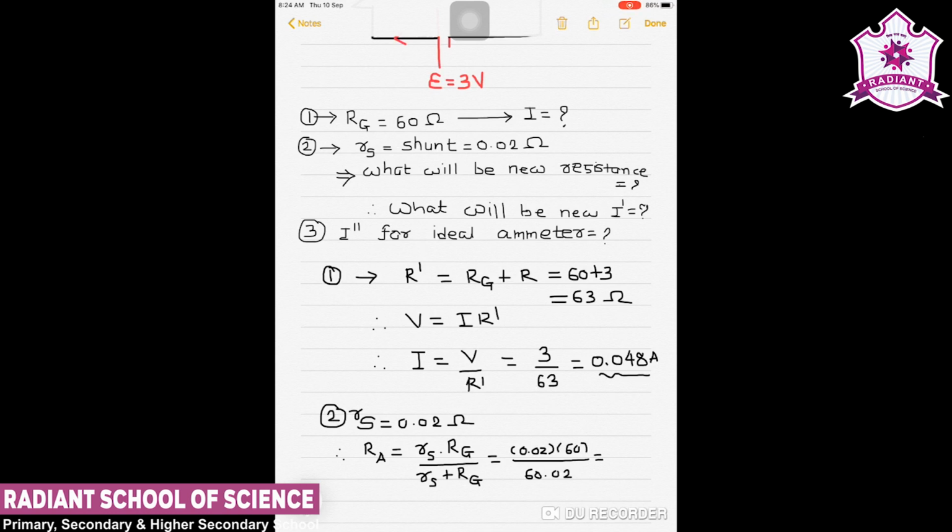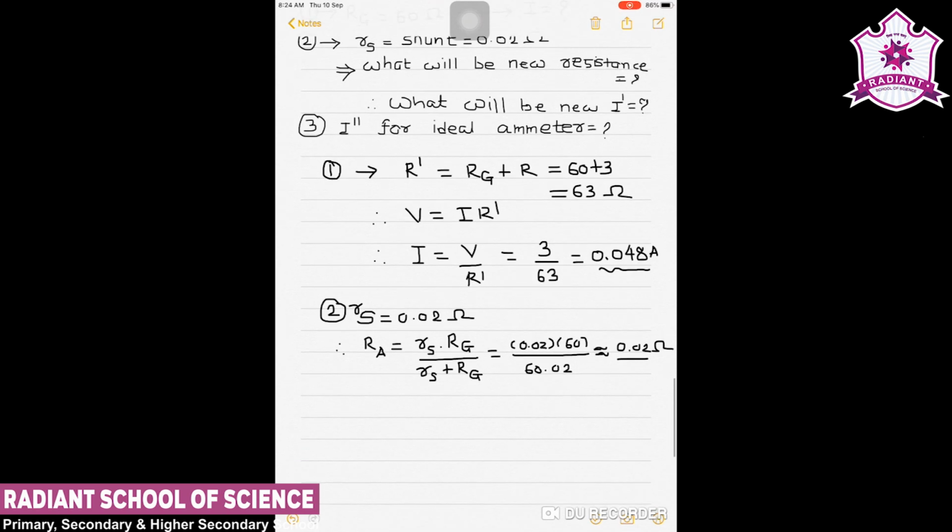So what will be this overall value? We can say this is nearly about 0.02 ohm, and now this is added to the actual resistance of the circuit, that is R double dash equals RA plus the given R, 3 ohm.